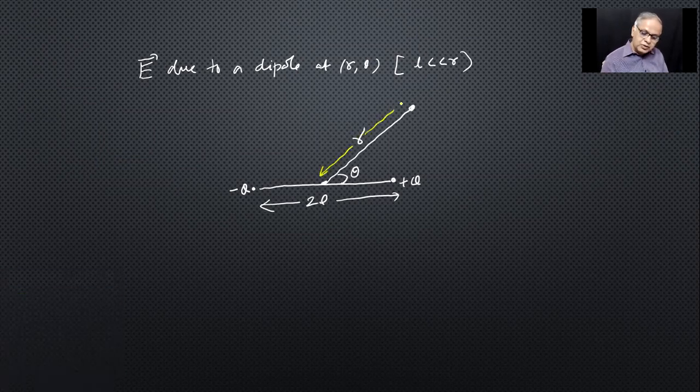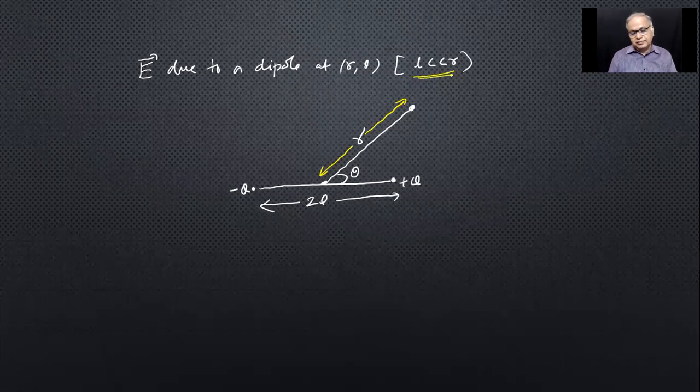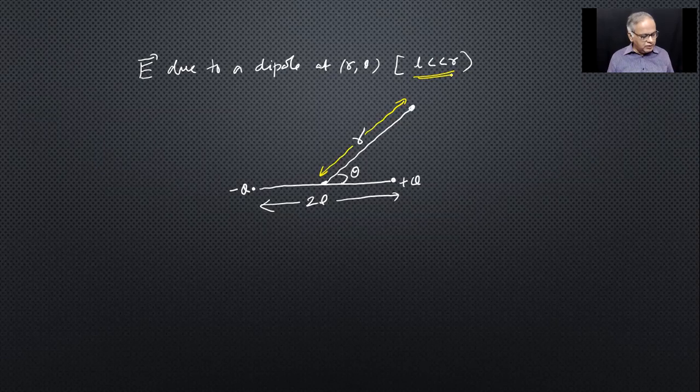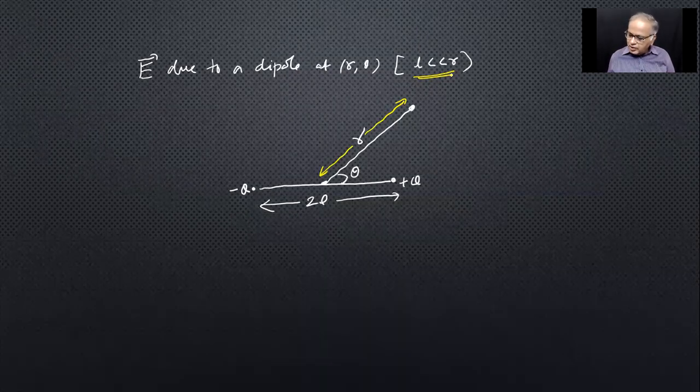This distance is R to the point. So at that point, we would like to find out E, in the specific case of L less than R, because that's more important for problem solving. We can also do it in general terms, children, but the math becomes slightly lengthier, so we would like to avoid the crowding of characters in the formulas.